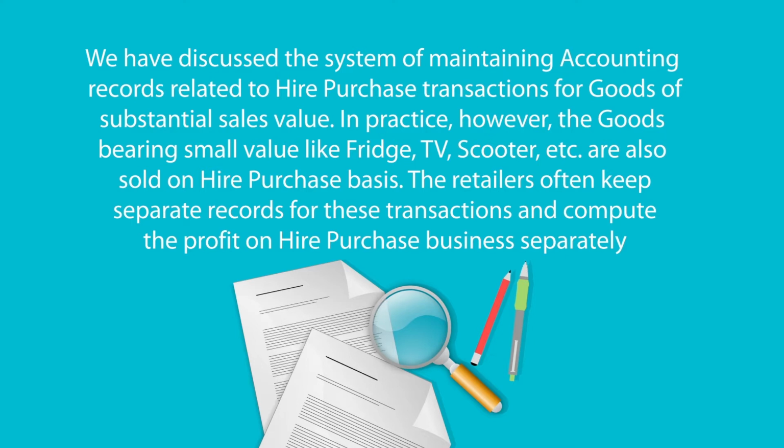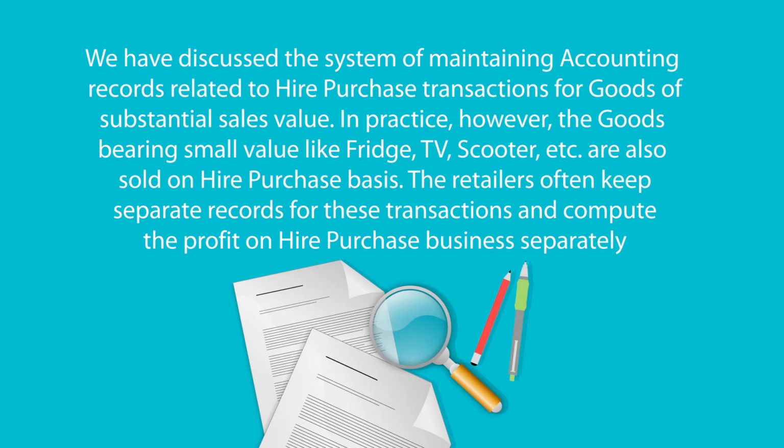So far we have discussed the accounting procedure and treatment of all those transactions which are of substantial values. But we all know that in practice goods bearing small values, like fridges, televisions, scooters, etc., are also sold on a hire purchase basis.